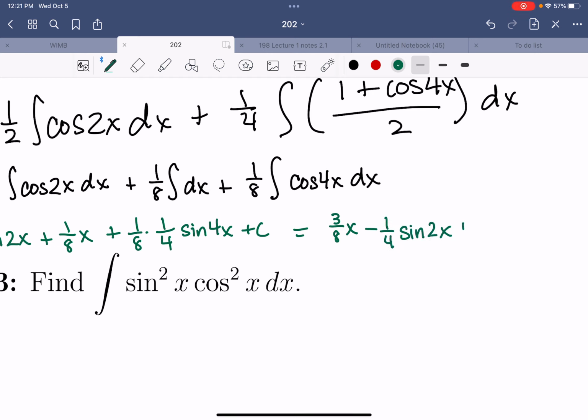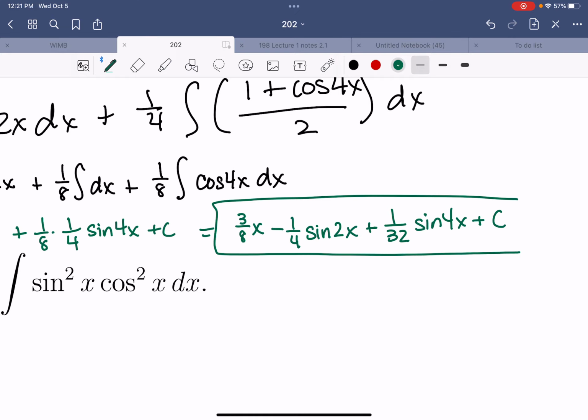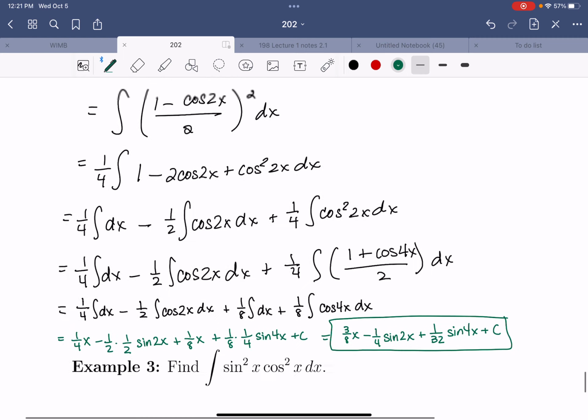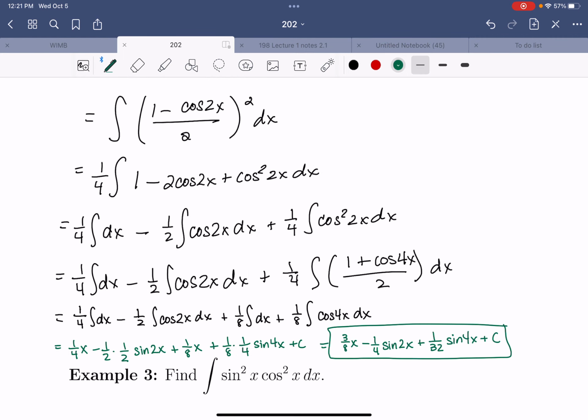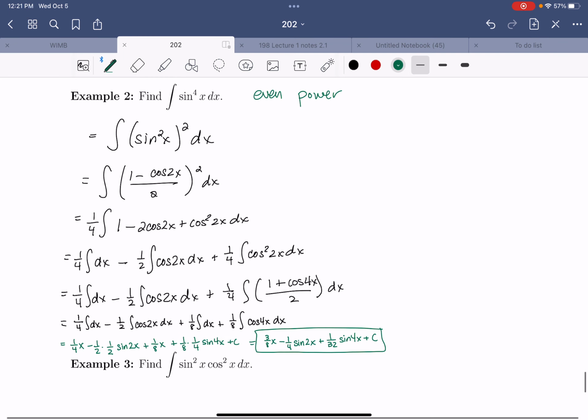And I'm going to have a plus 1/32 sine 4x plus a constant. Okay, so in this case, when I have squares, I use my double angle formulas. Sometimes I need them twice, depending on what's going on.